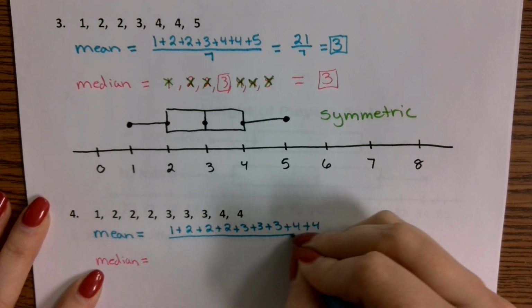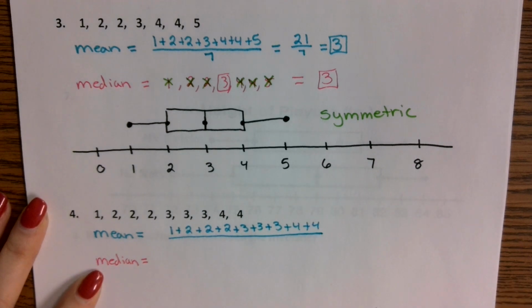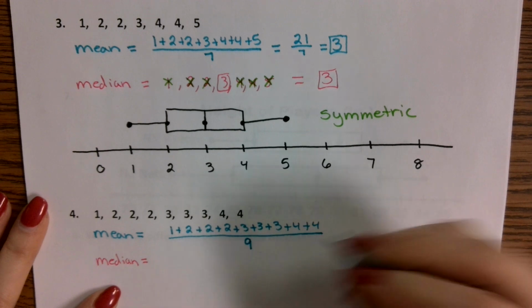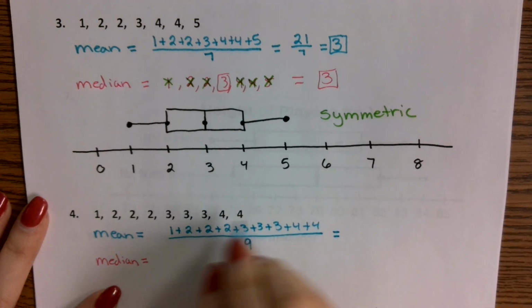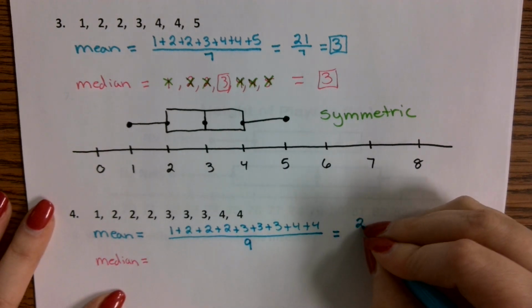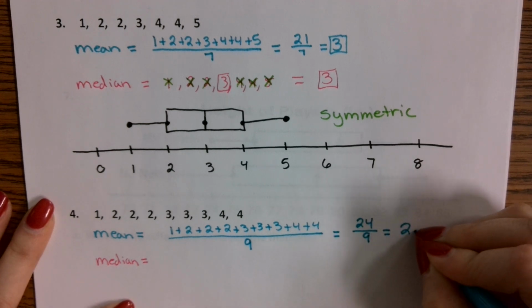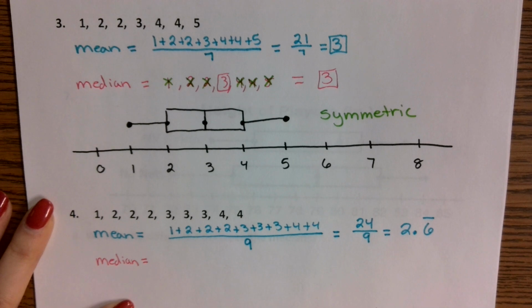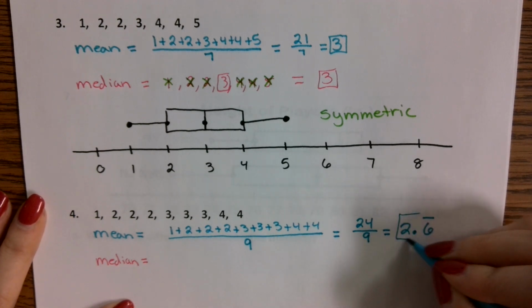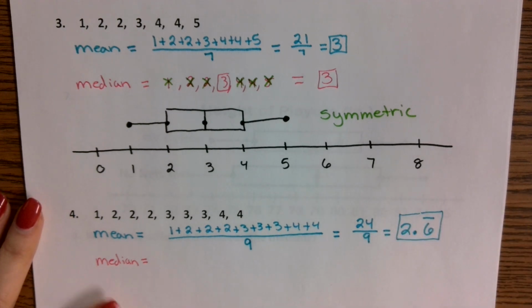Then we're going to divide by how many numbers there are, which is 9. When we add everything together, we get 24, and 24 divided by 9, you should have gotten 2.6 repeated for our mean.